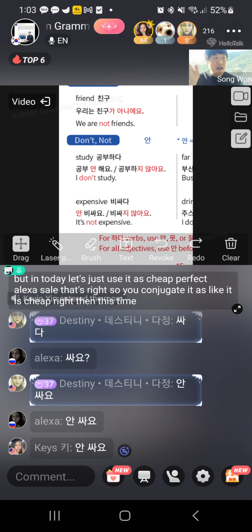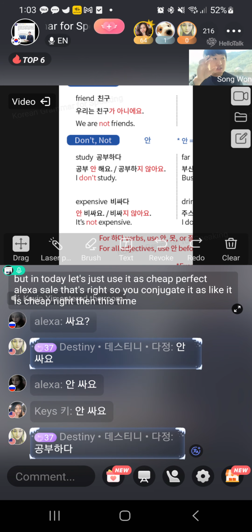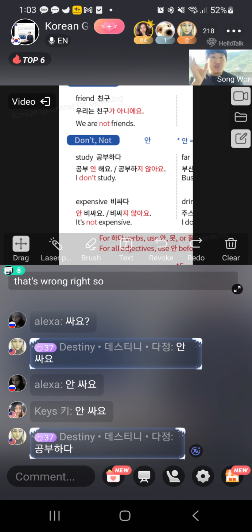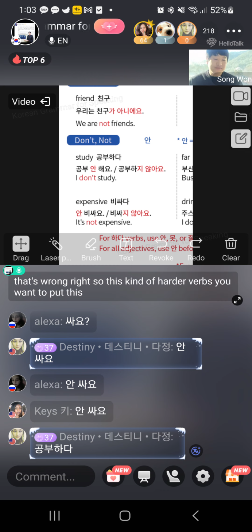Remember, you just conjugate it in English to distinguish this is verb or adjective, okay? So I study, she studies, he studies, they study, right? I didn't use he is study, I am studying. That's wrong, right? So these kind of 하다 verbs, you want to put this 안 right before 하다.